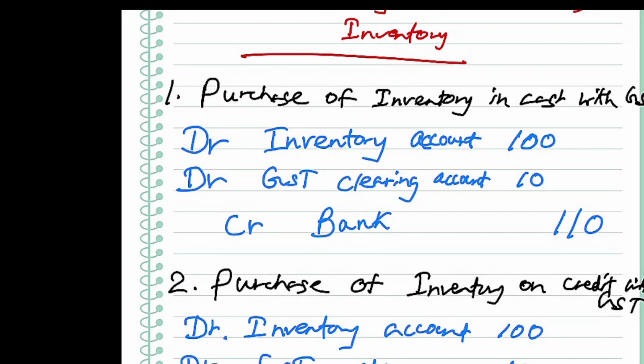We haven't paid a single dollar to the supplier, but still we are identifying it as a decrease in GST clearing. Are we good? Makes sense? Good.